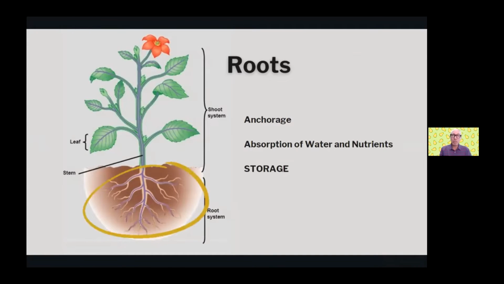Today's presentation is going to focus on those three components and what we humans have done to these organs, co-opting their natural uses or their natural roles in the success of these plants, for our own benefit.